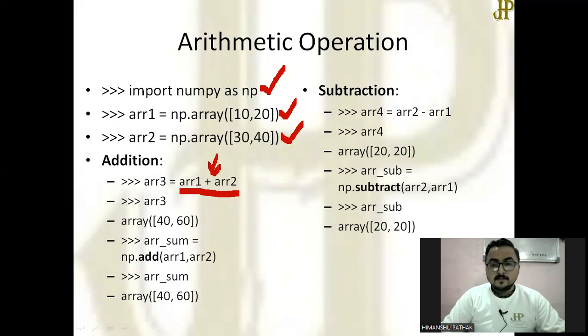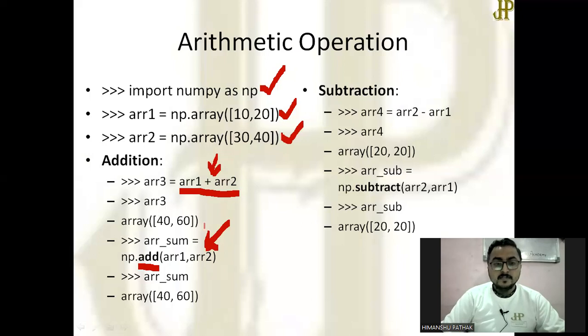Other than this, NumPy has a function known as add. In add, you have to supply two arguments separated by a comma, array 1 comma array 2, then it will add these values of the arrays and perform the sum operation.